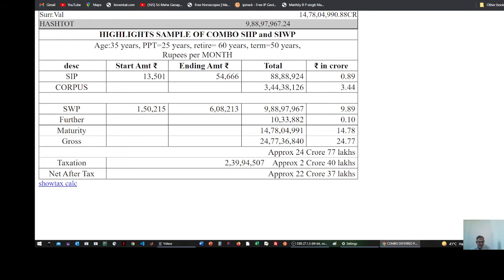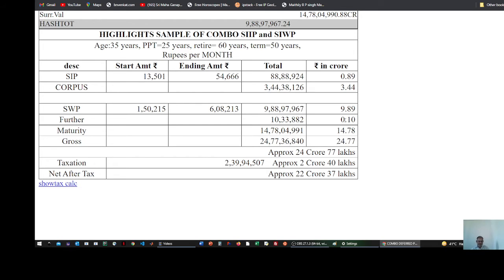Age is 35 years and premium paying time is 25 years, retirement 60. Now the term is 50 years only. 25 years as the pre-retirement and 25 years as the post-retirement. And the starting amount, ending amount and total investment is 89 lakhs, and the corpus generated at the age of 60 is 3.44 crore, and withdrawal is 9 crore 89 lakhs.